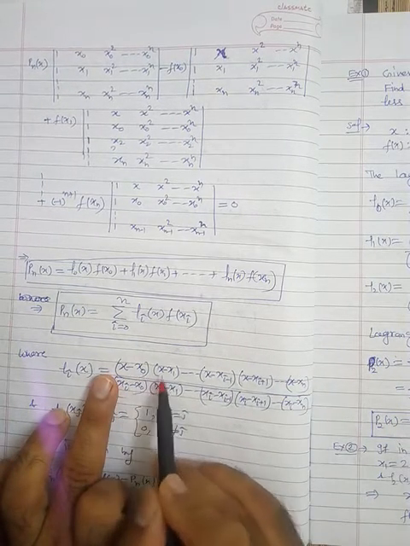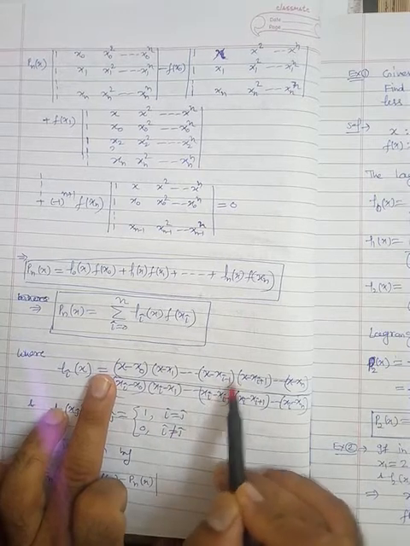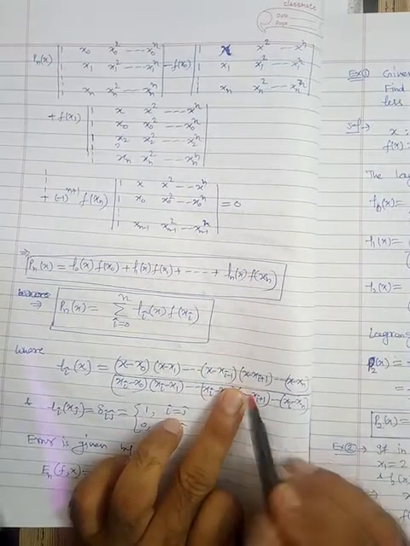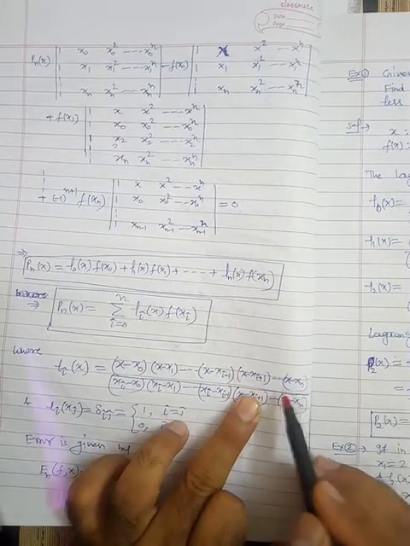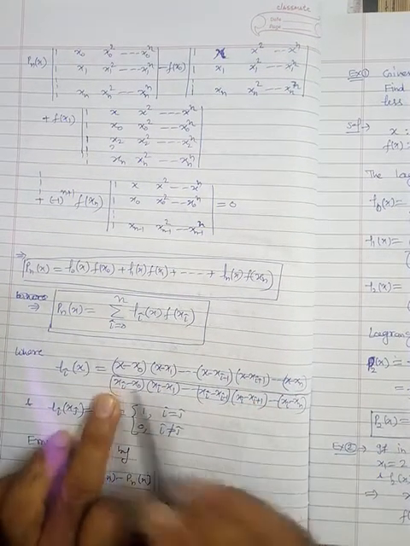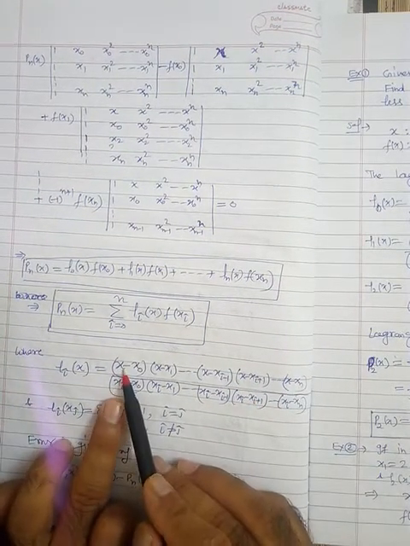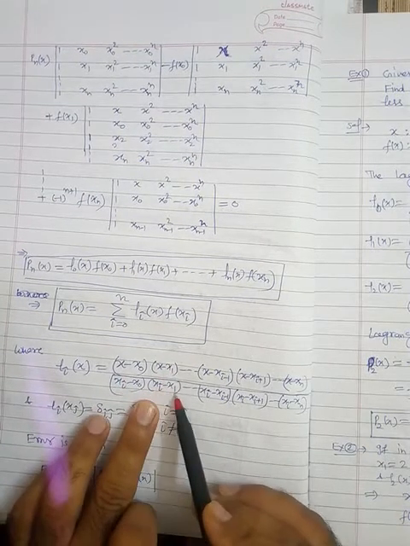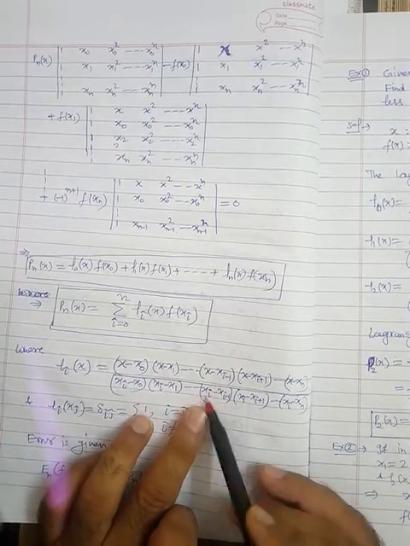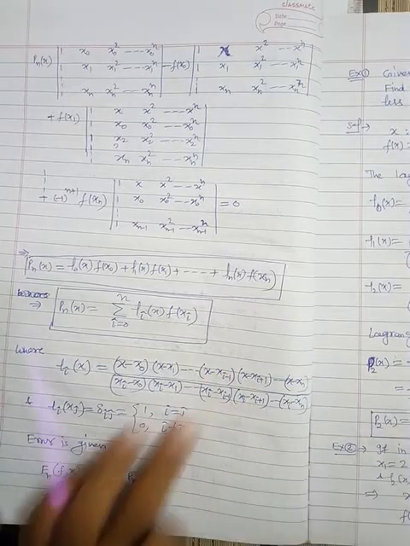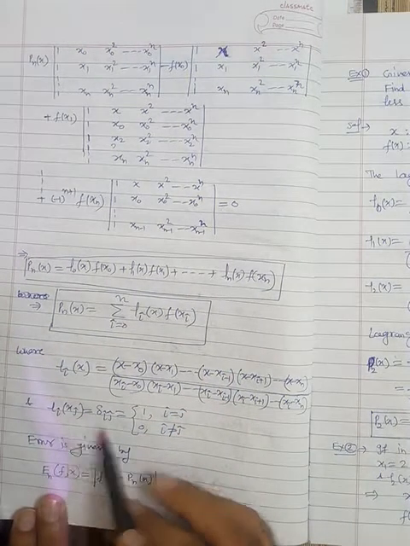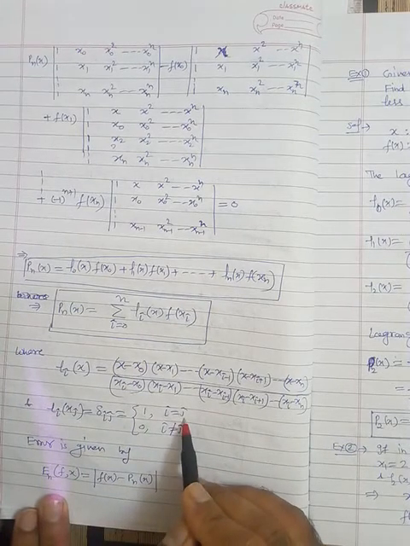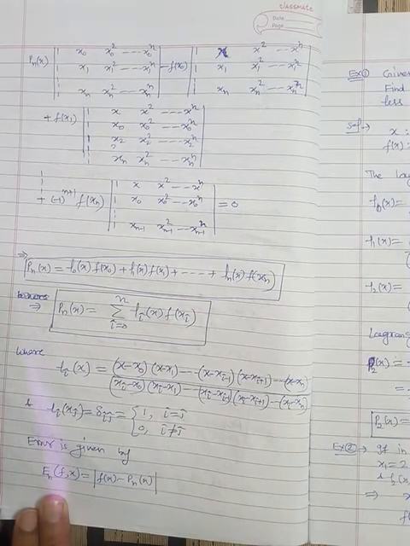So we have x minus x0, x minus x1, up to x minus x(i-1), and we remove the factor x minus xi. The next factor will be x minus x(i+1), up to x minus xn, divided by the same product with x replaced by xi: xi minus x0, xi minus x1, xi minus x(i-1), and so on. And Li(xj) is nothing but the Kronecker delta function, which is 1 when i equals j and 0 when i is not equal to j.